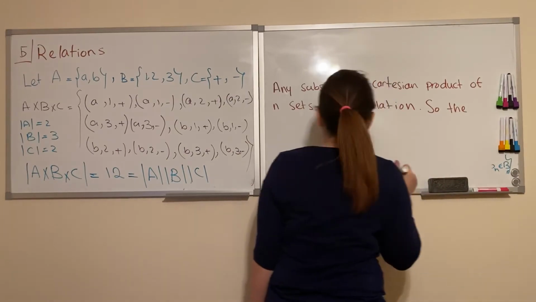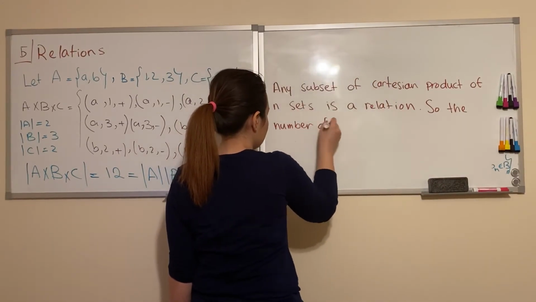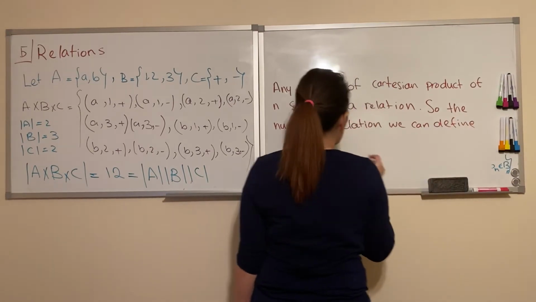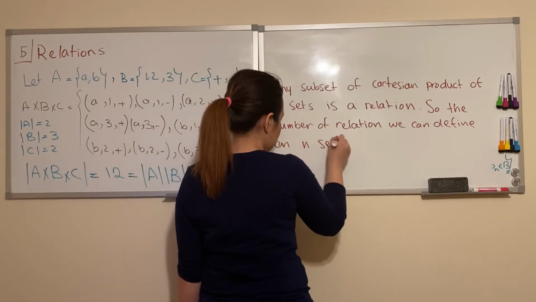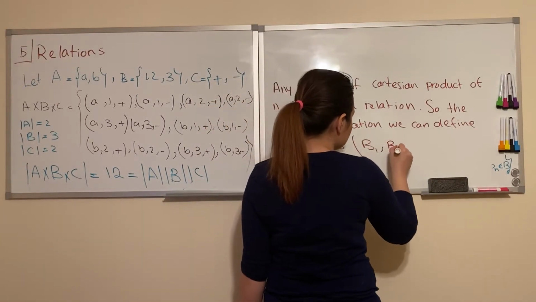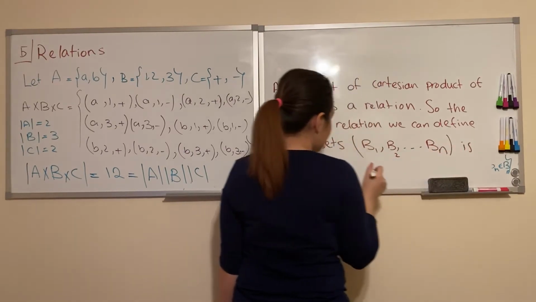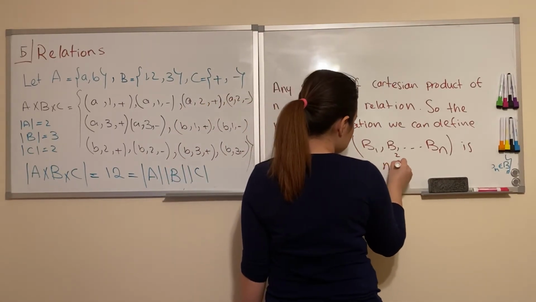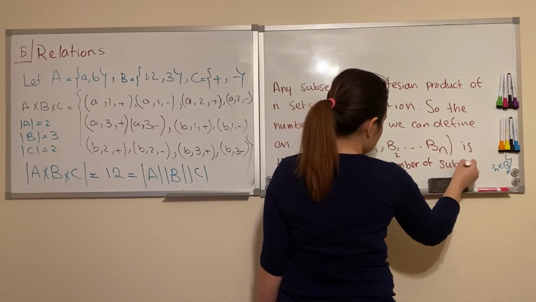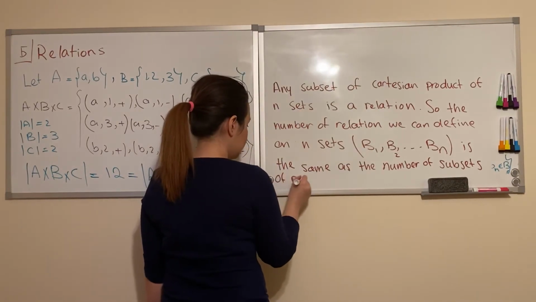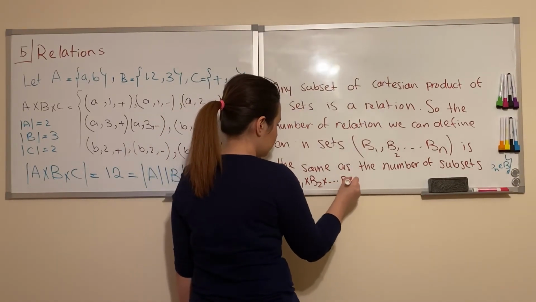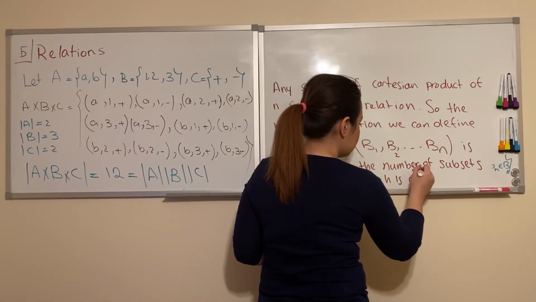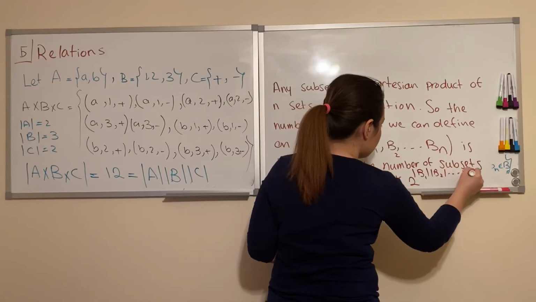So the number of relations we can define on n sets, let's say again V1, V2 to Vn, is the same as the number of subsets of this Cartesian product of V1, V2, which is 2 to the power of the cardinality of V1 times cardinality of V2 times cardinality of Vn.